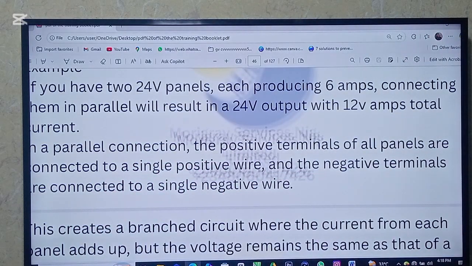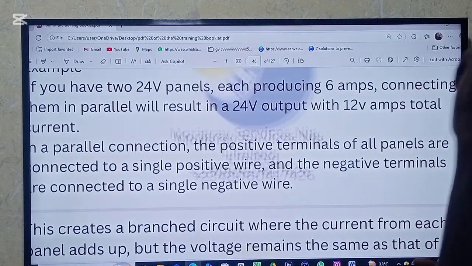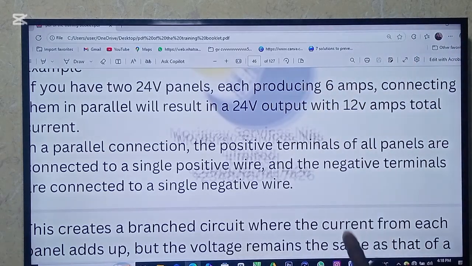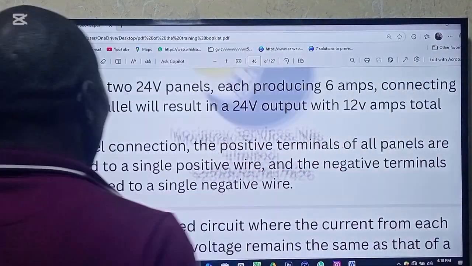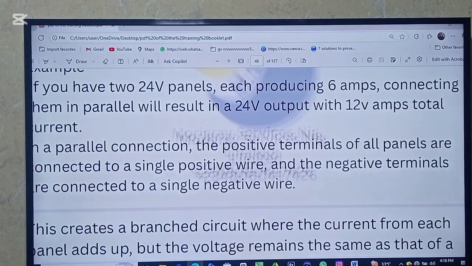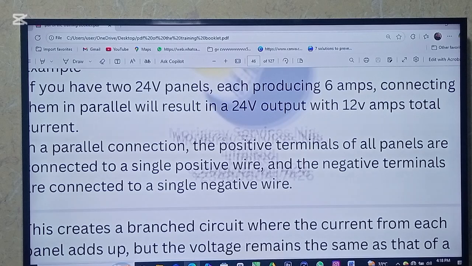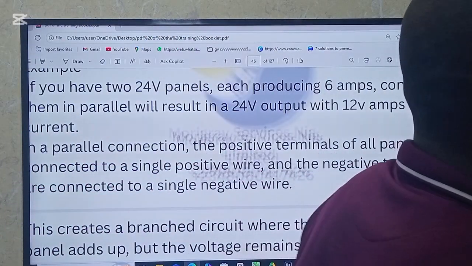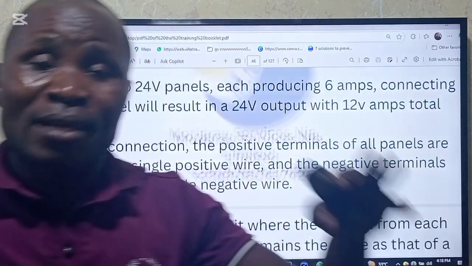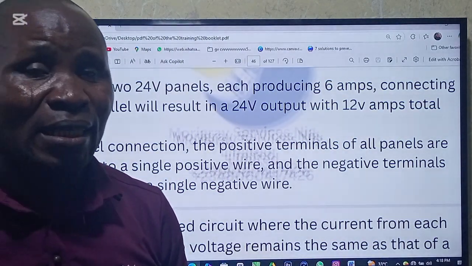So the voltage will come out as a single panel voltage, but the amps are additive. The amps increase. So this creates a branch circuit where the current from each panel adds up, but the voltage remains the same. In this case, you can use it where you need a high current to charge the battery.